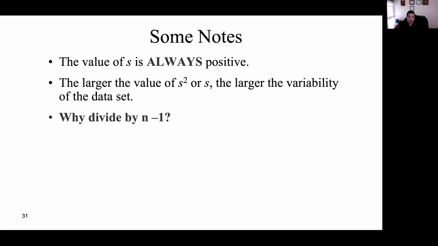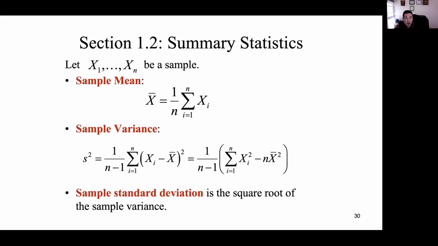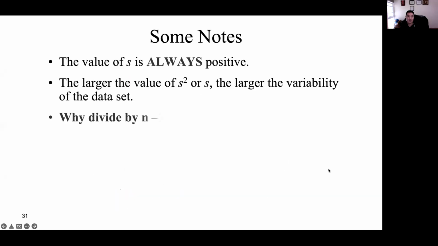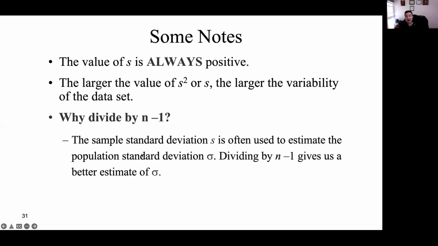In the previous equation, the sample variance is divided by n minus 1. You may ask why it is divided by n minus 1, not n. Here is the answer. The sample standard deviation S is often used to estimate the population standard deviation, sigma. For example, the standard deviation of all 1,000 concrete blocks is the population standard deviation.